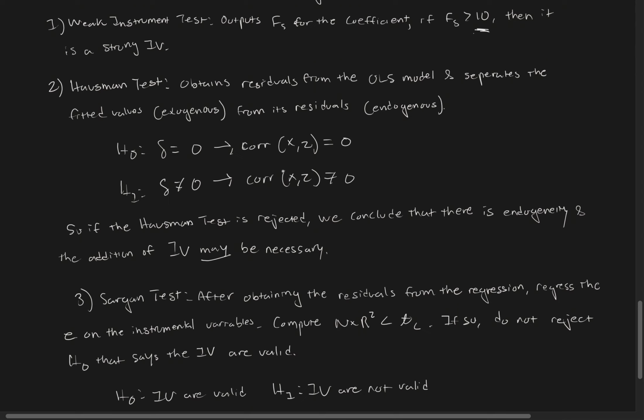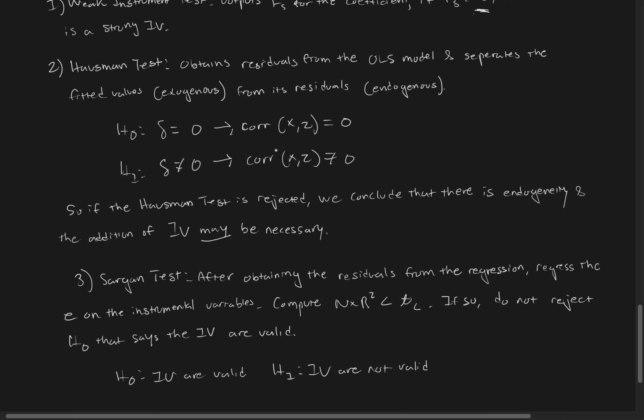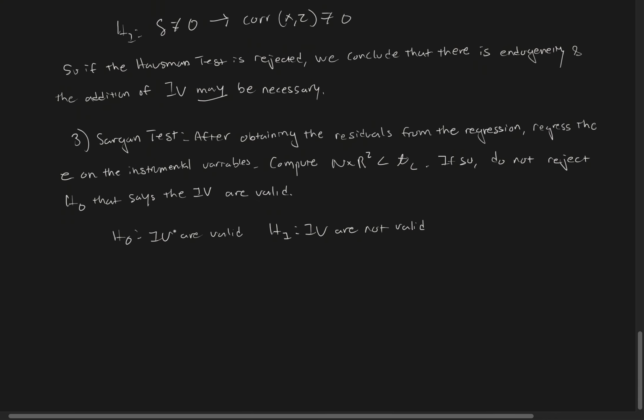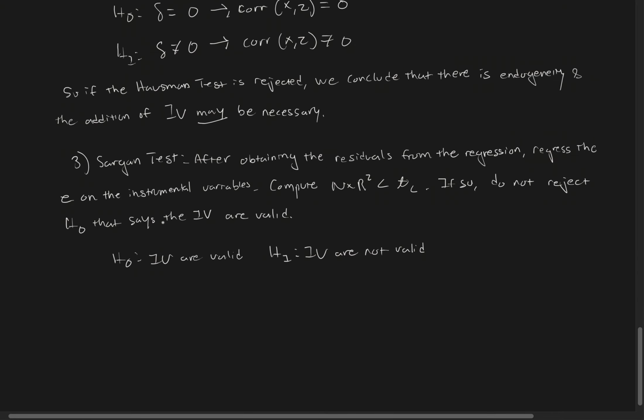And then after that, we need the rejection of the null for the Hausman test, saying that the correlation is prevalent, it's not random. And then we need to be able to accept the null hypothesis, saying that the instrumental variables are actually valid. So the difference between these two is that we don't want to reject the null if we're trying to include the IV variables.